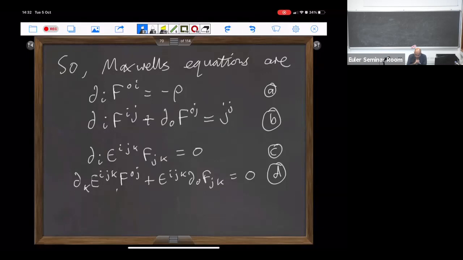The other set of Maxwell's equations come from these two expressions. If we look at the first one, this is simply saying that the divergence of the magnetic field is 0.